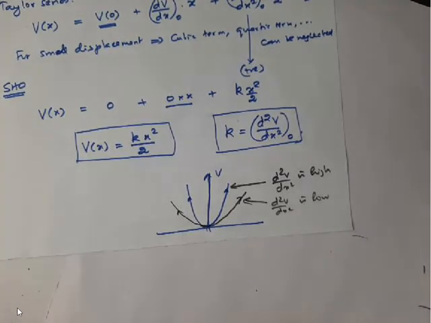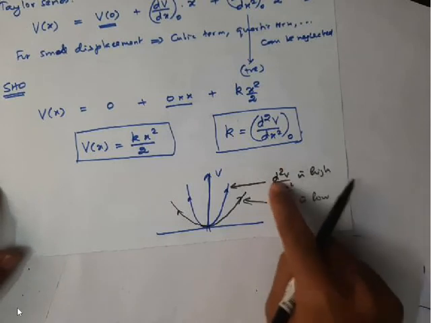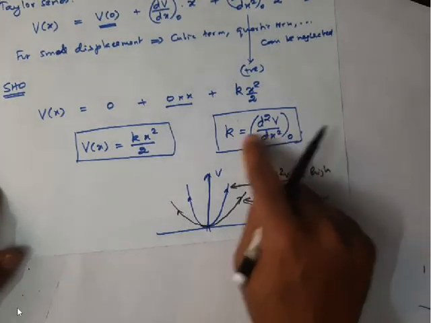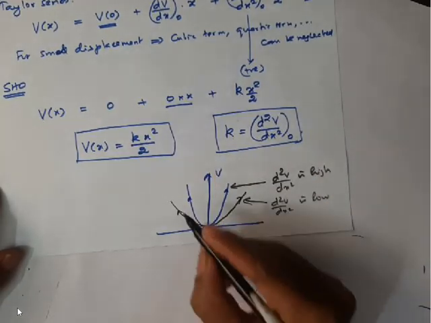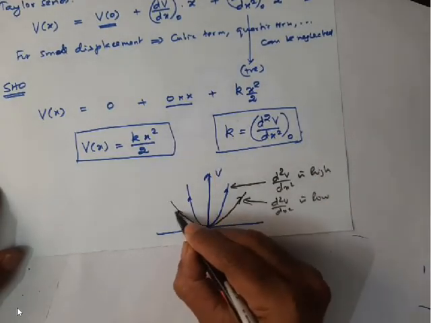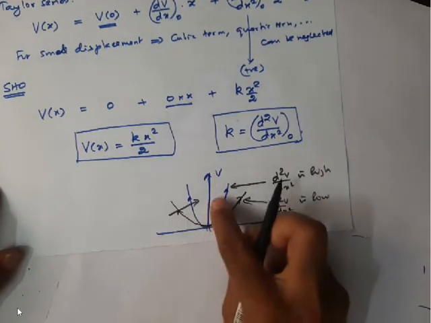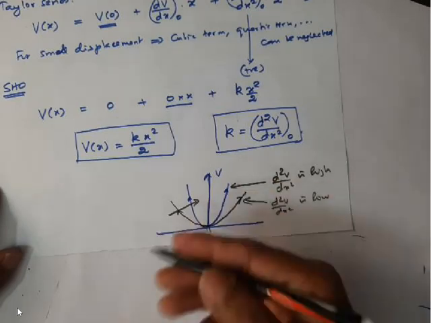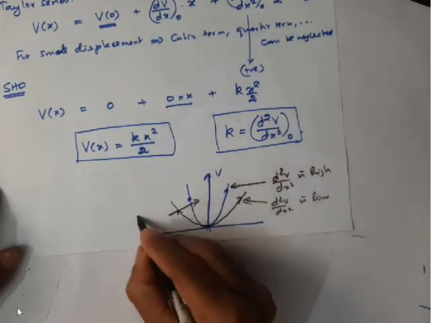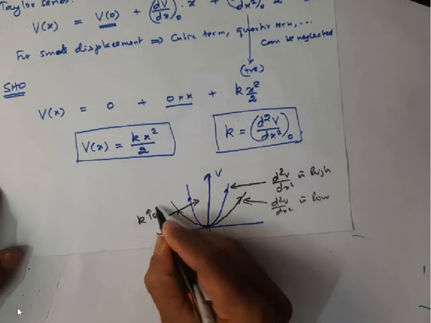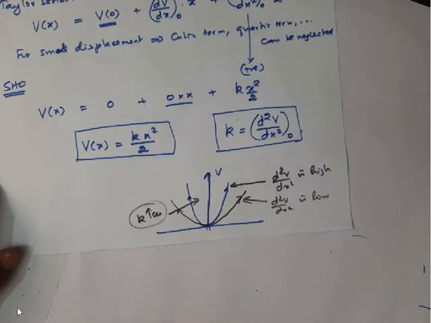If the curve is narrow, it has a higher value of second derivative, therefore the force constant is high. So when you move from a shallow curve to a narrow curve, the force constant K increases. Very, very important. Keep this in mind.